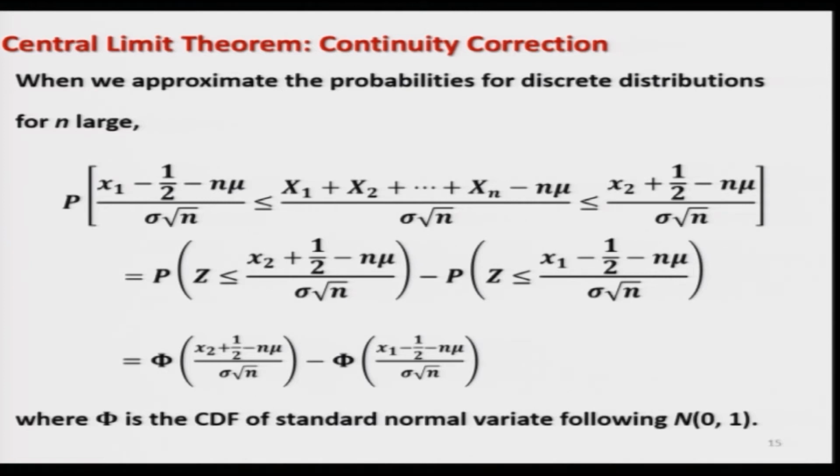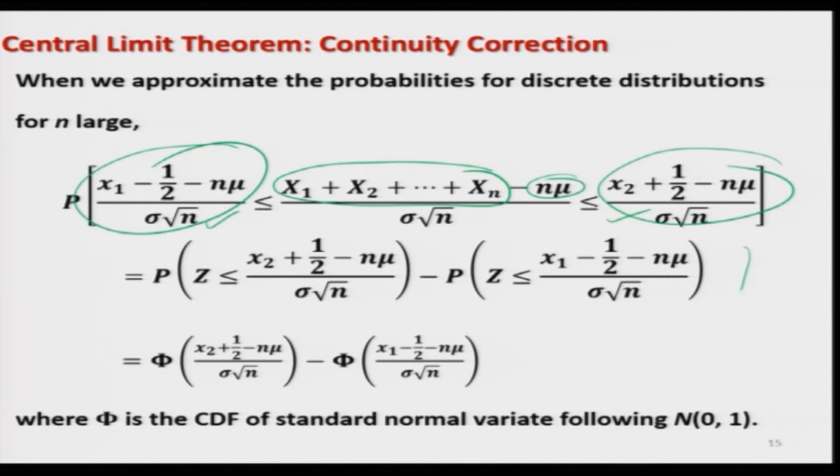What we do is write x 1 plus x 2 plus x n minus n mu divided by sigma root n, and do the same thing on both sides. This probability can be obtained as the probability of this quantity minus the probability of this quantity, very straightforward algebra that you now know, and this can be obtained by the CDF of normal 0 1, and this is also the CDF of normal 0 1.